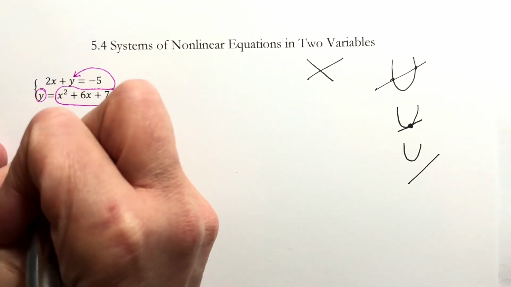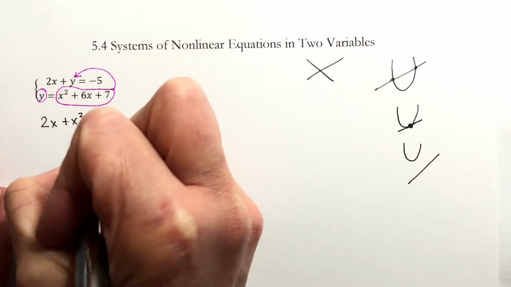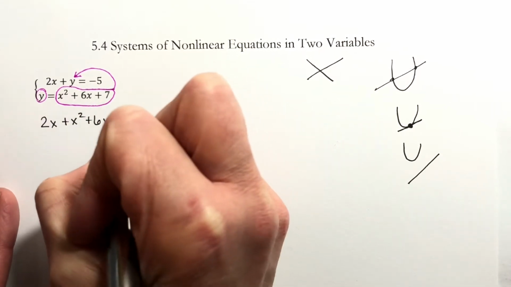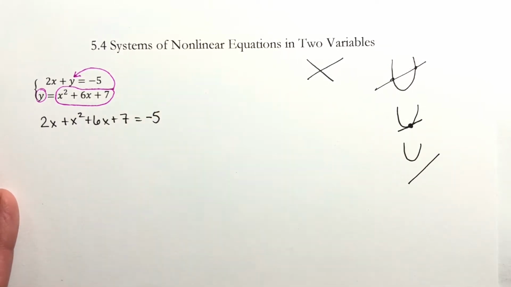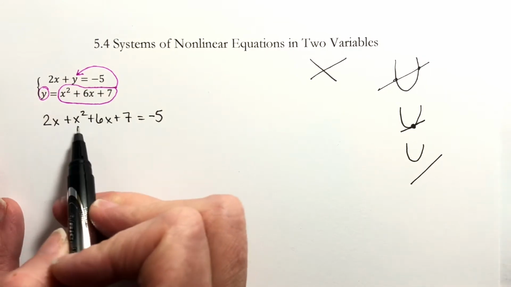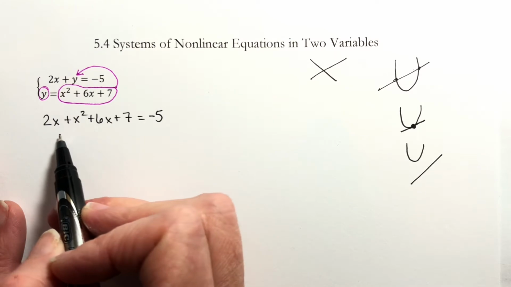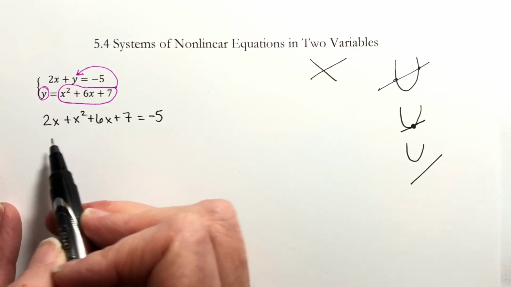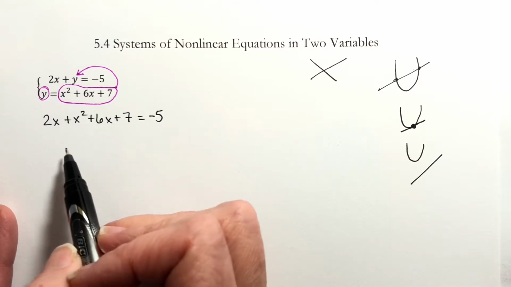That gives me 2x plus x squared plus 6x plus 7 is equal to -5. What I have here is a quadratic equation because this square term is not going to cancel out. So that means I expect that I will probably get two answers, although that's not guaranteed.